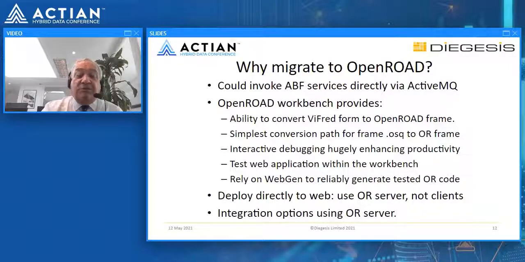And having gone to OpenROAD server, you get a whole load of integration options around it, because it is essentially a server running in the background, linked to Tomcat. So we've got a range of options for how we take our code forward in the future.